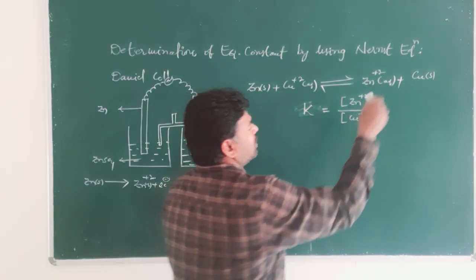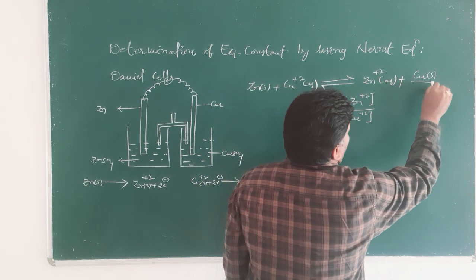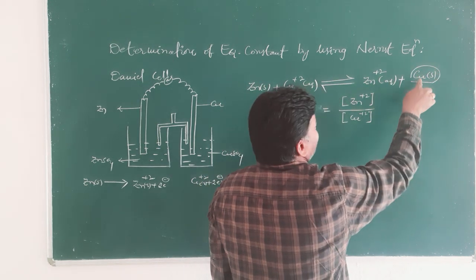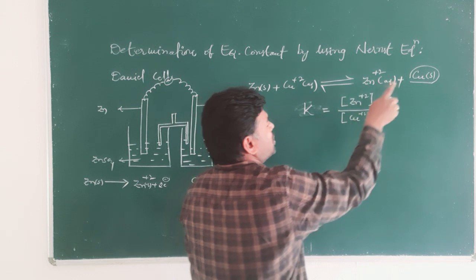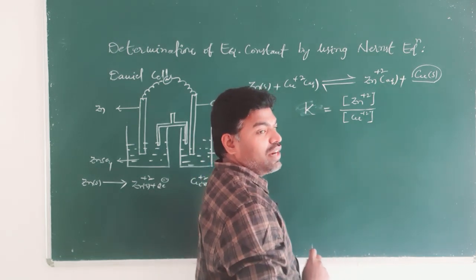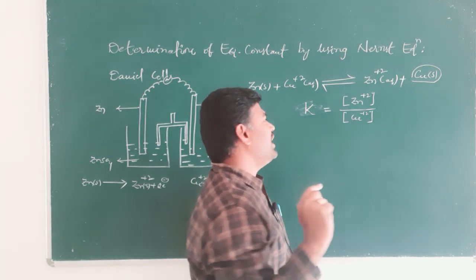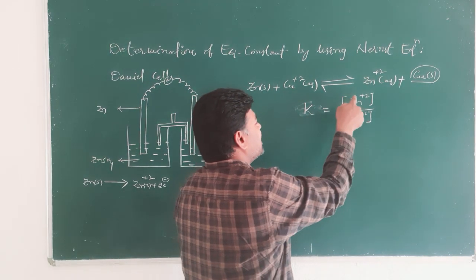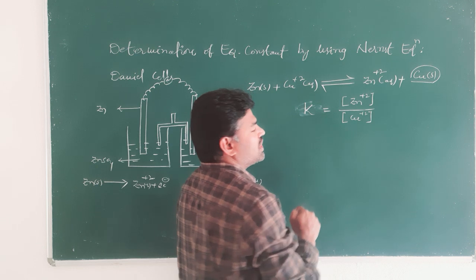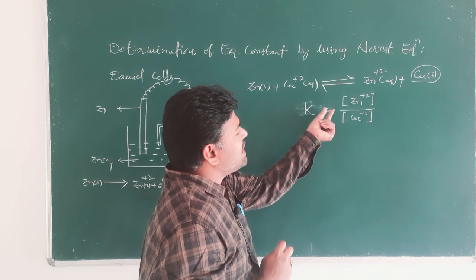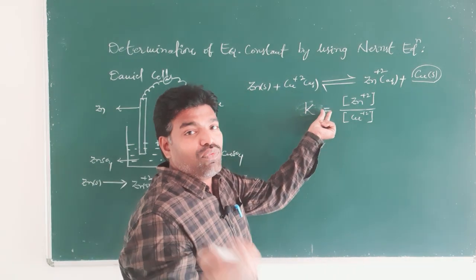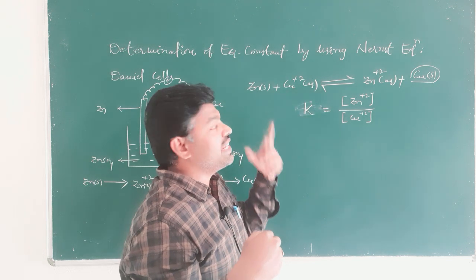I do not write copper and zinc, because these are solid metals, and we consider the concentration of solid metals as unity. So K is equal to the concentration of Zn+2 by the concentration of Cu+2. This is the equilibrium constant, and we are going to calculate it from the Nernst equation.